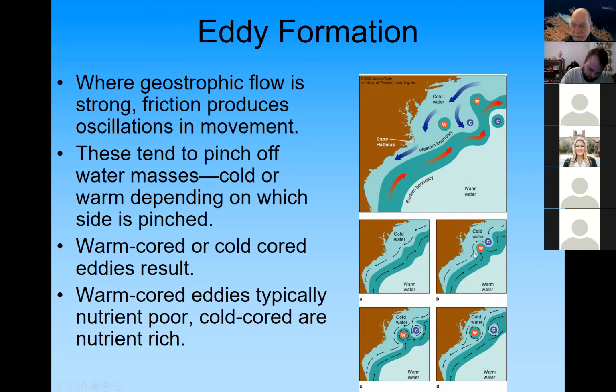So you tend to pinch off eddies, and these are rotating masses of water, and these eddies can migrate. So if you pinched off a bit of the Gulf Stream and moved it into the colder coastal water, you'd have a cell of warm water surrounded by colder water.